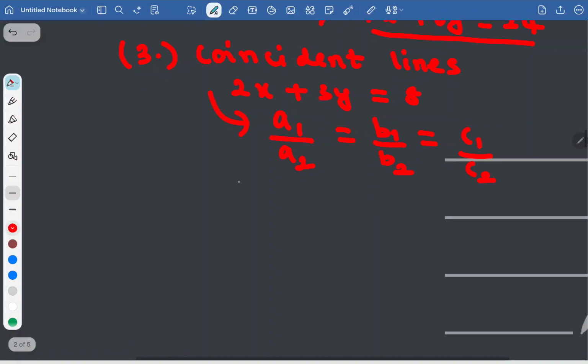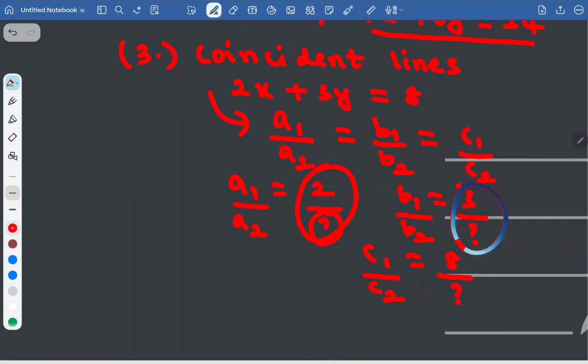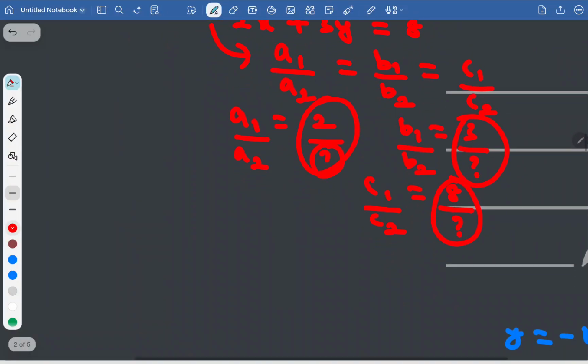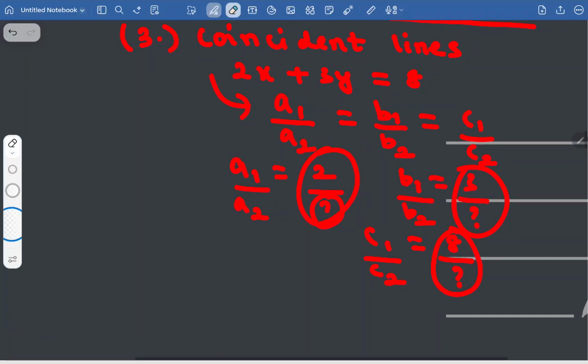Here what is a1? a1 is 2, a2 must be the same, so the ratio must be equal. b1 is 3, b2 must be the same, c1 is 8, c2 must be the same. If we find the ratios a1 by a2, b1 by b2, c1 by c2, they must be equal, so that the lines are coincident.